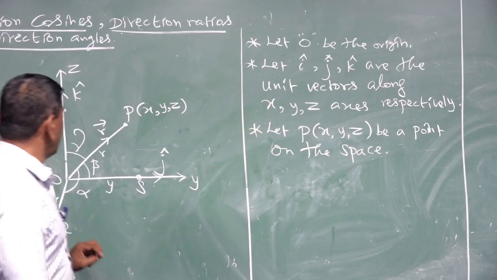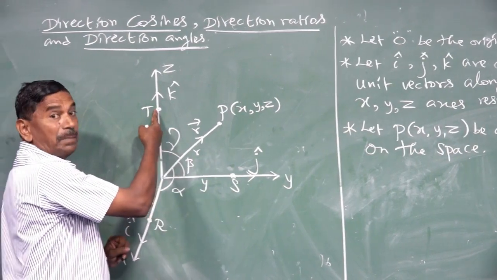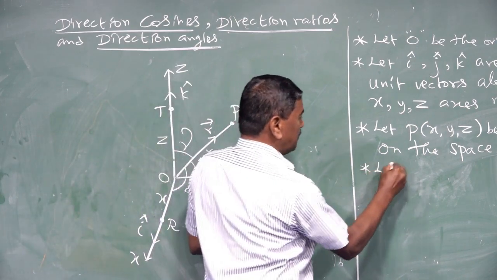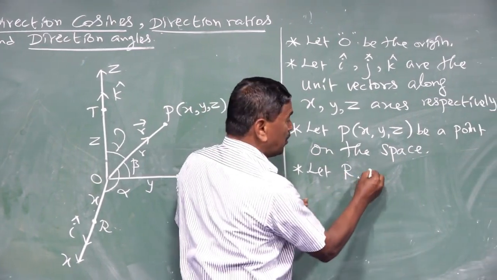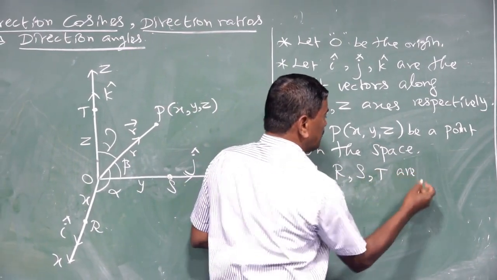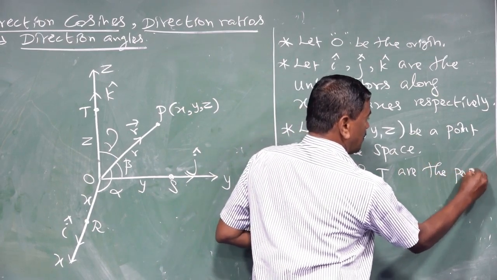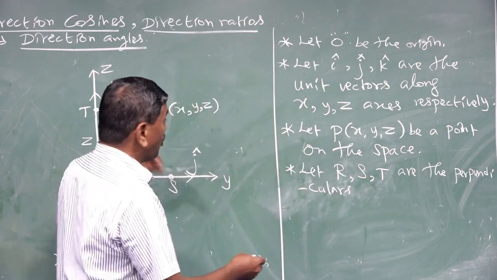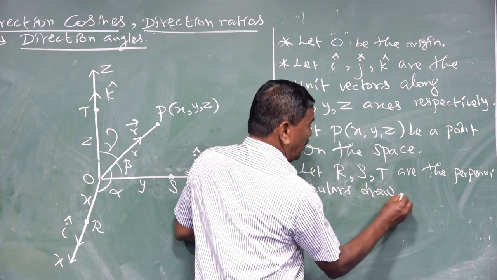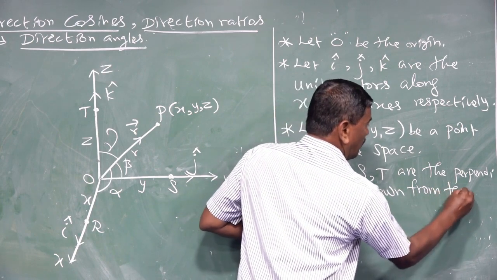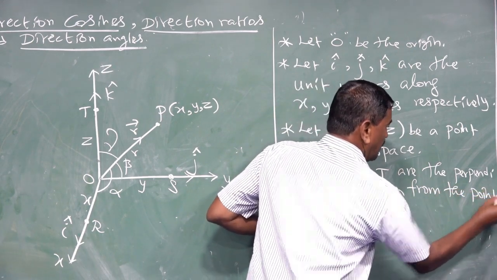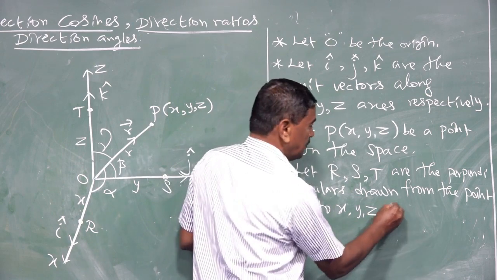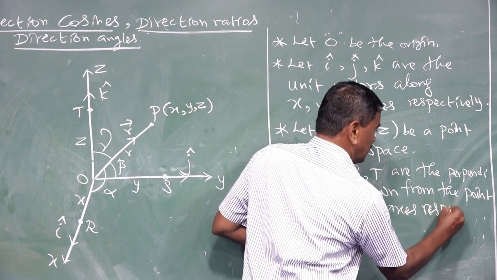Children, listen. Next, let R, S, T be the perpendiculars drawn from the point P to the x, y, z axes respectively.